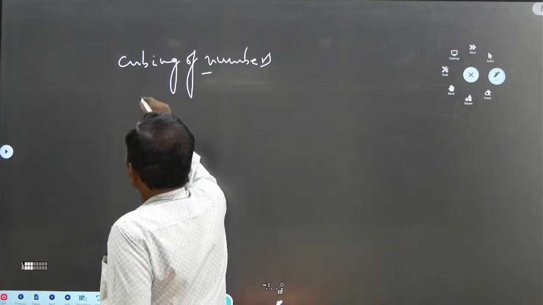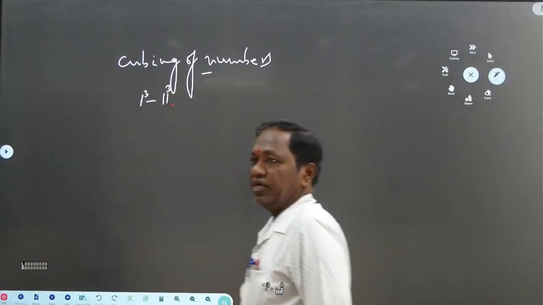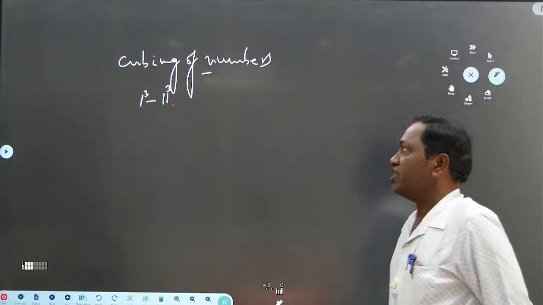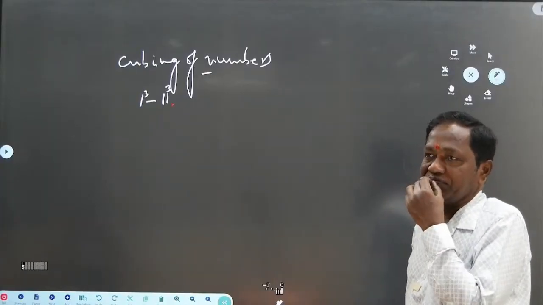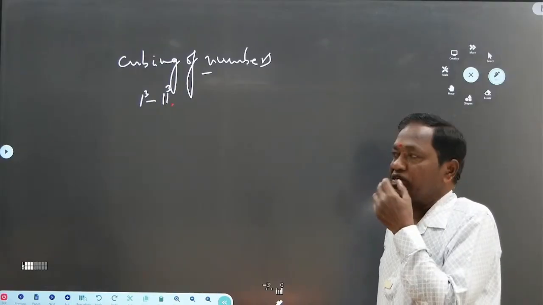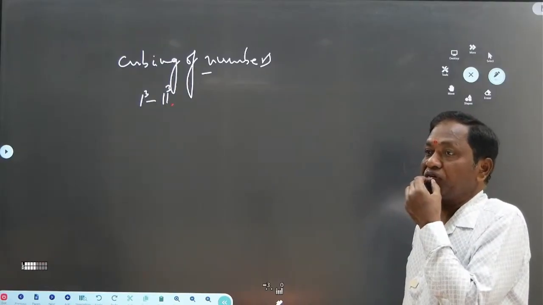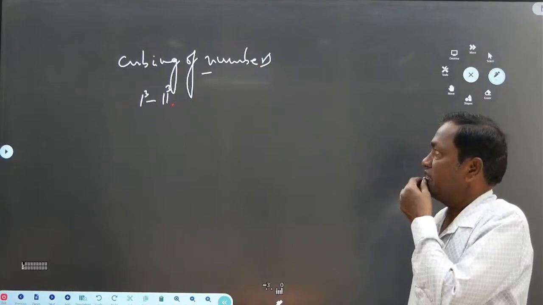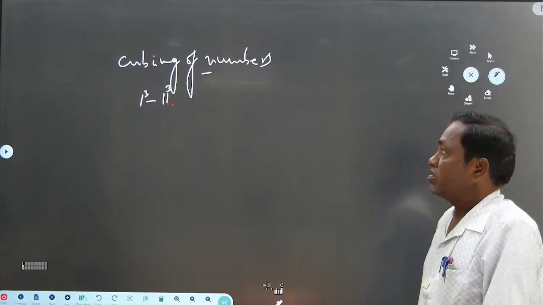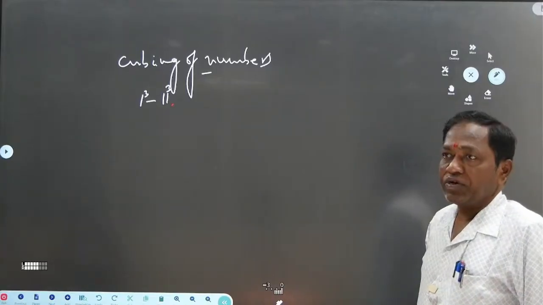So 1 cube to 11 cube is necessary. There will be a question on 11 cube. Somehow it will come, where there is population, calculation of population growth and compound effects like appreciation, depreciation, compound interest. 1 cube to 11 cube.